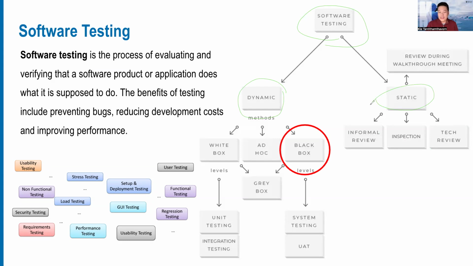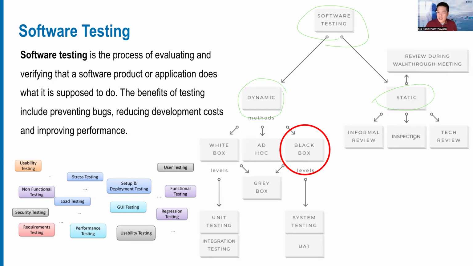Dynamic means you actually execute the code, execute the test, and then see the behavior. If you test the software statically, it means you conduct a code review or inspect the code. You read the code, you don't execute anything at all, and just look at the code itself and try to find the bugs. Most techniques in the static way are code review and code inspection.